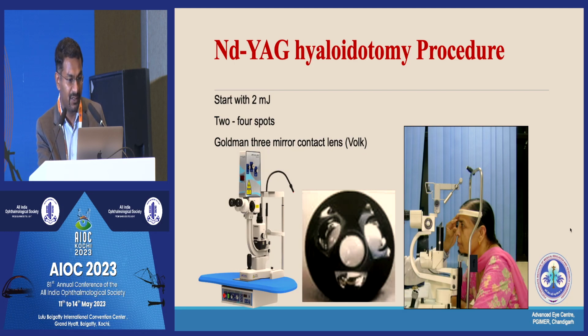I think it was some 4-5 years back when we started doing YAG hyalodotomy at our center. We started with 2 millijoule energy, and 2 or 3 spots are more than enough. In our center, we have an Abraham as well as the Goldmann 3 mirror contact lens.